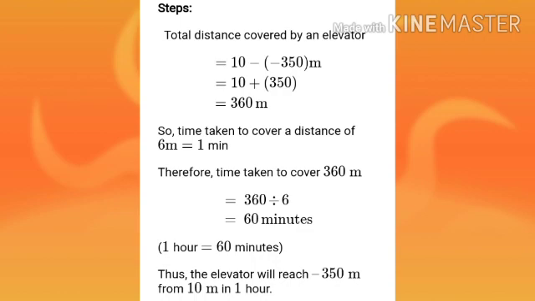For 6 meters the time taken to cover the distance is 1 minute. Then the time taken to cover 360 meters is 360 divided by 6, which is equal to 60 minutes. What is 60 minutes? 60 minutes is equal to 1 hour, or 1 hour is equal to 60 minutes. Thus the elevator will reach minus 350 meters from 10 meters in 1 hour, which means 60 minutes it will take to cover the distance.